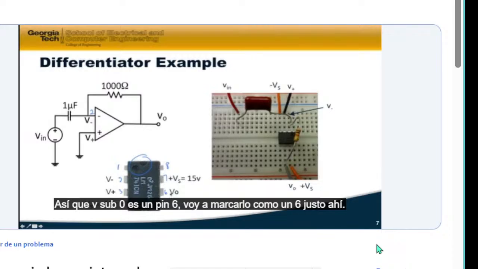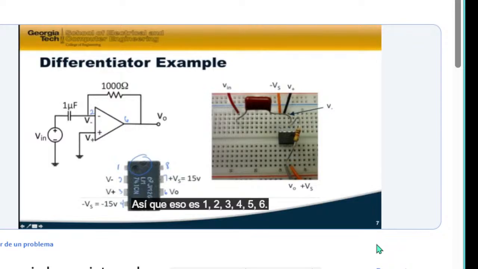V sub 0 is a 6 pin. So we should have a resistor going between the 2 pin and the 6 pin. That's 1, 2, 3, 4, 5, 6, so that's the 6 pin right there, and that is connected to V0.